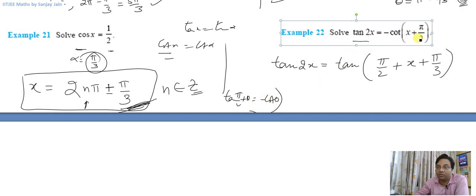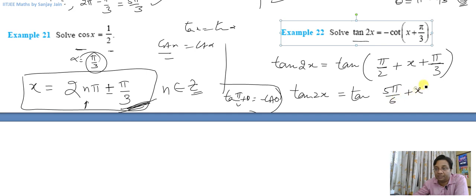So minus cot of this angle I have written as tan of pi by 2 plus this angle. Okay. So now this will give me an equation which is tan 2x equals tan of pi by 2 plus pi by 3 plus x. So pi by 3 is 60, this is 90, so this is 150. Let me write it collectively as 5 pi by 6: tan 2x equals tan of 5 pi by 6 plus x.